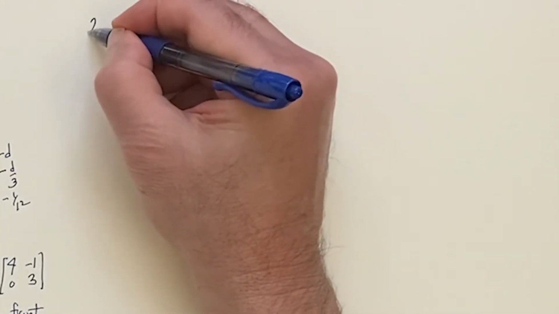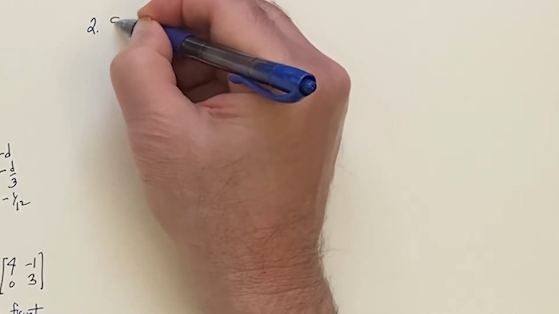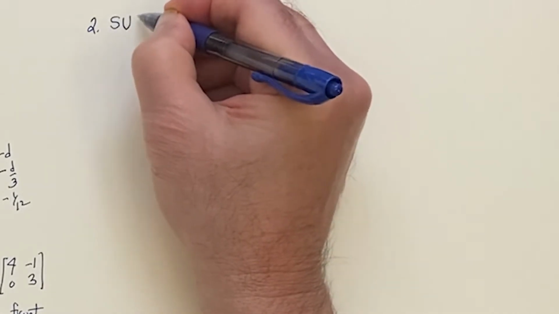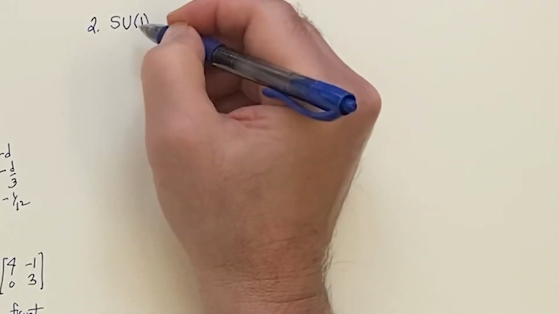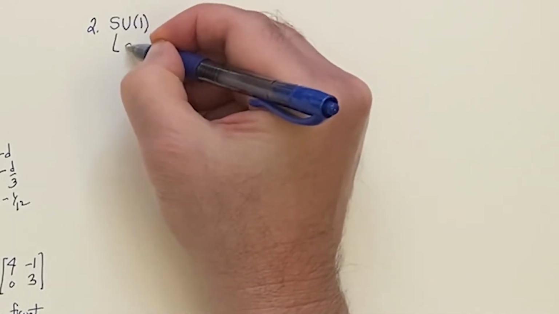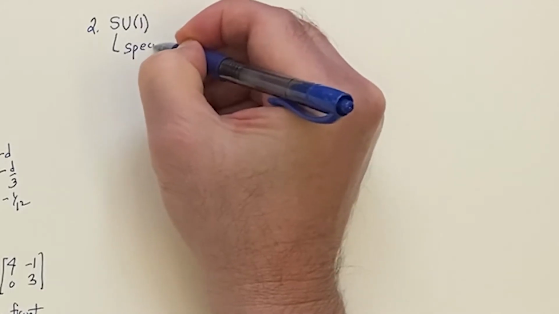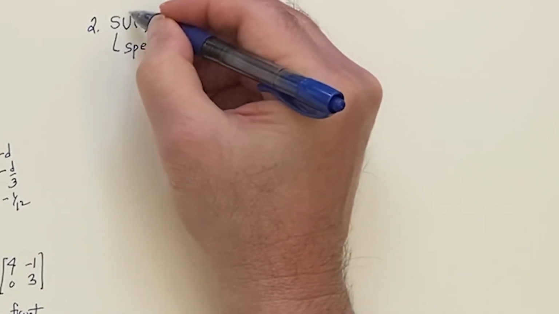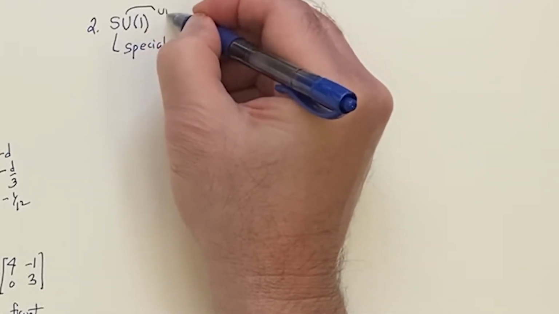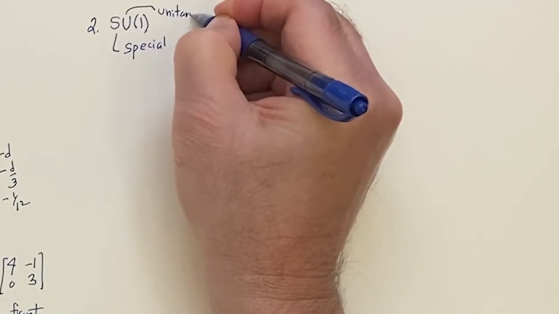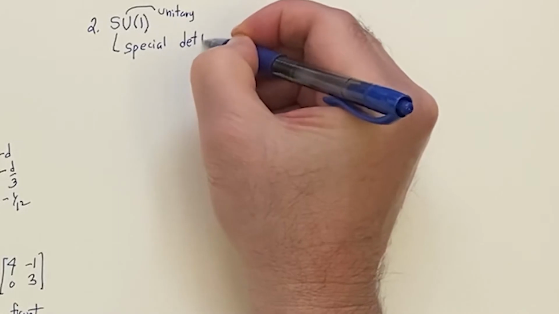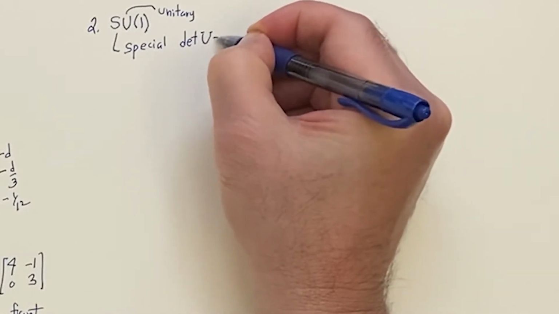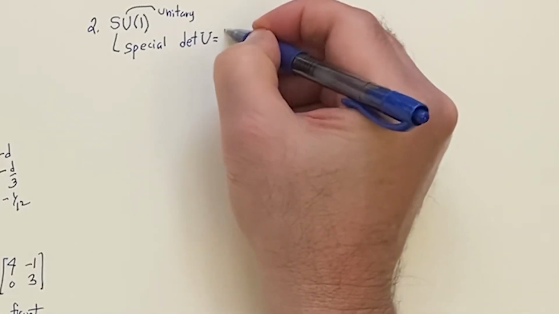Okay, so 2, we're going to look at SU1. Now, SU1 means that you have to be special and unitary. The U stands for unitary, which we just did, but now the special means that also the determinant of U has to be 1.